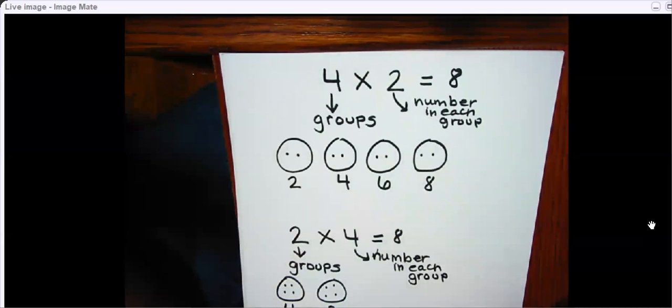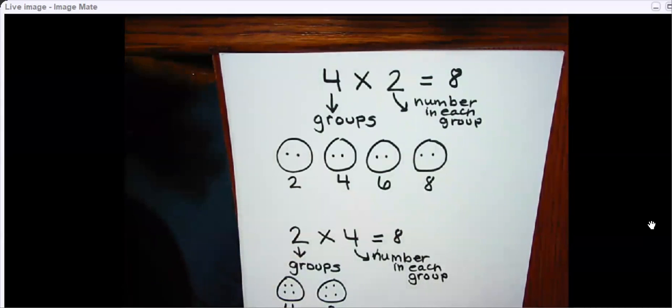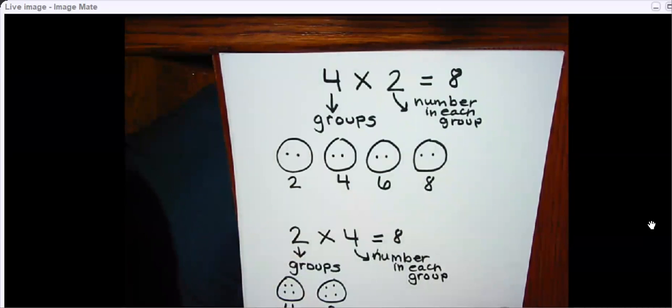So this is one way that we can begin to learn multiplication by using equal groups.